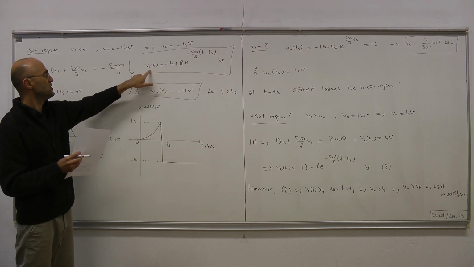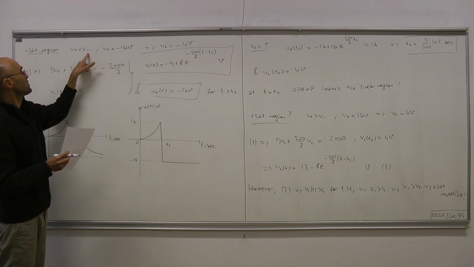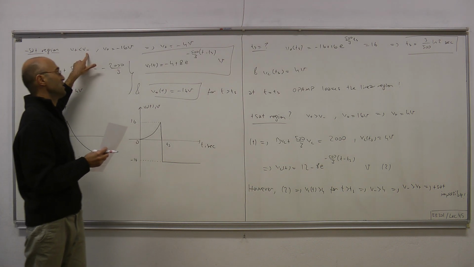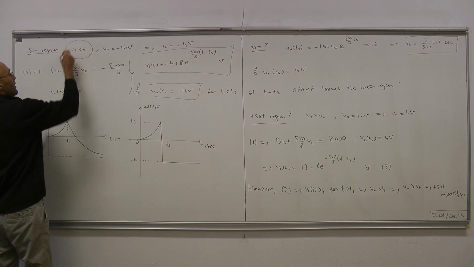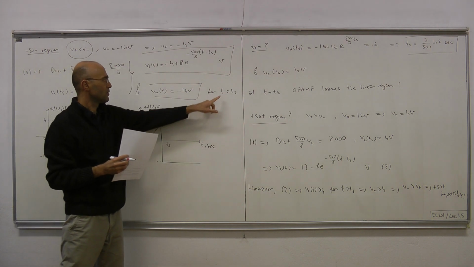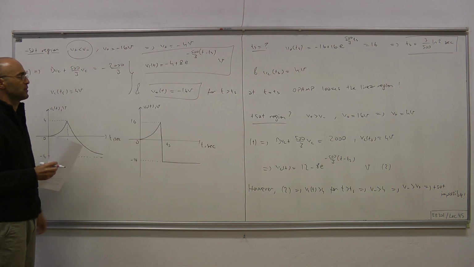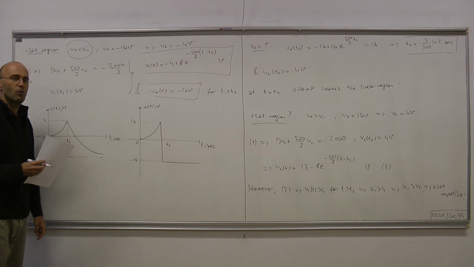VC is V minus, so this V minus will always be slightly larger than minus 4, and V plus is fixed at minus 4. Therefore, this condition is satisfied for all future times, for t larger than Ts. Hence, the op-amp will not leave the negative saturation region in the future, and this is the complete solution.